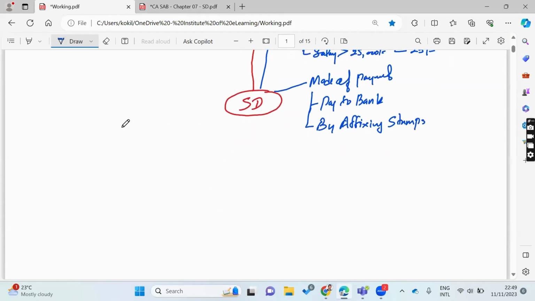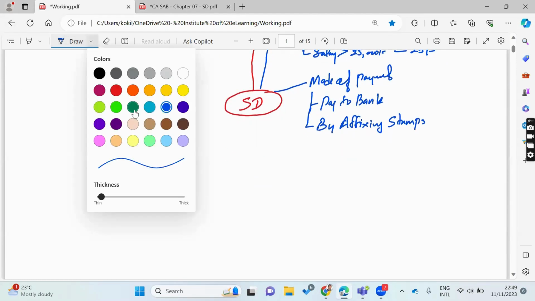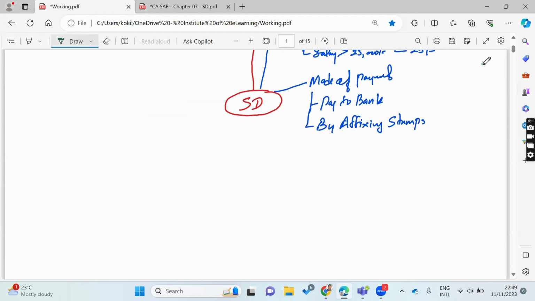Just assume a single small piece of paper, a stamp. It may be 100 rupees, 50 rupees, or maybe 1,000 rupees, 500 rupees, likewise. Does it cost 1,000? Does it cost 500? Does it cost 100? No, because the printing cost is very little, a very small amount.